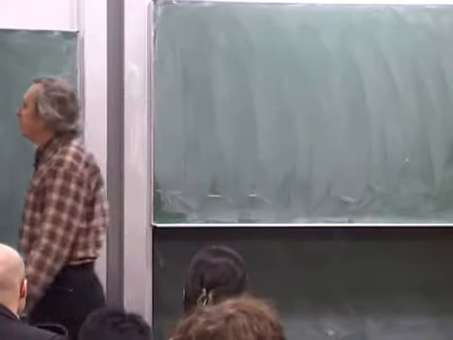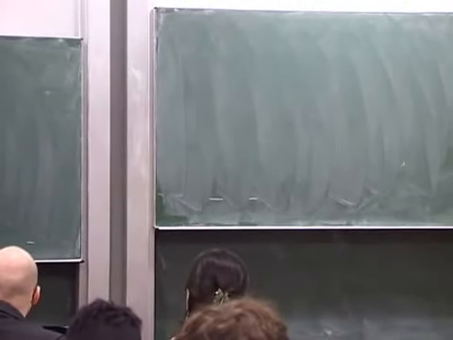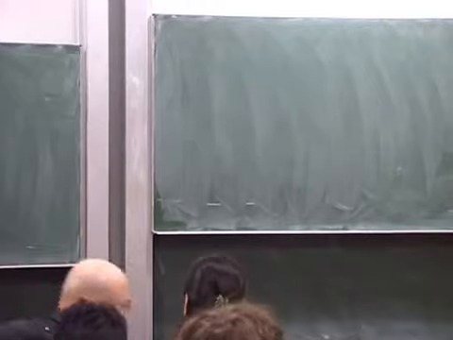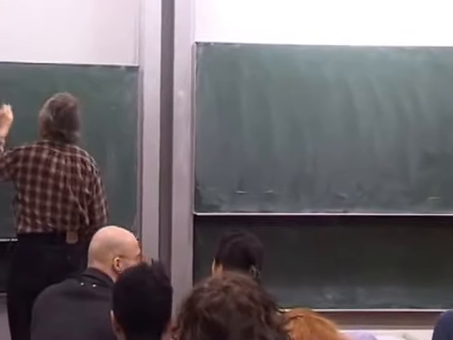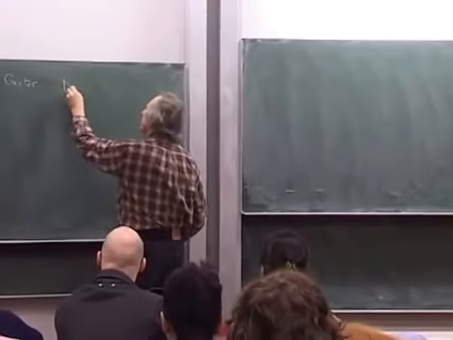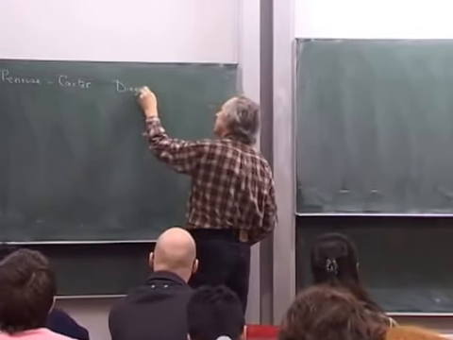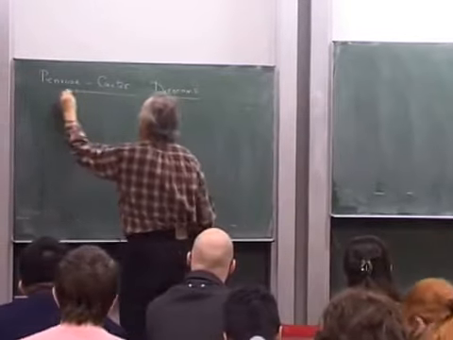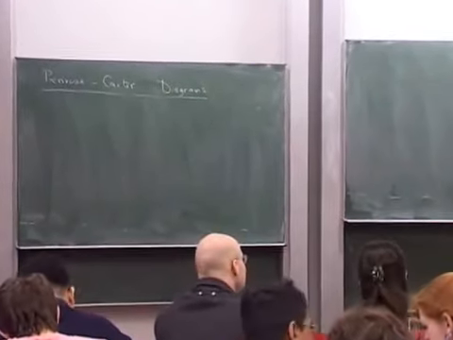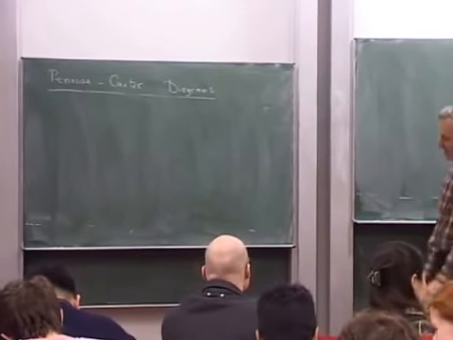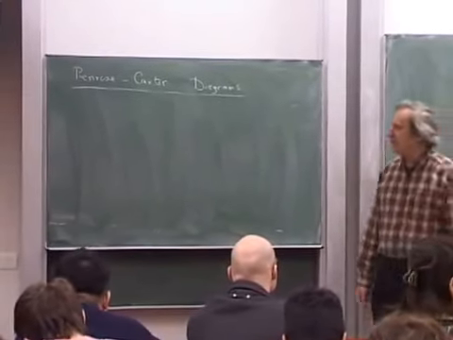So the root... actually, Penrose diagrams were first developed by Carter. I will call them Penrose-Carter diagrams. But there was a much better elaboration of the whole subject due to Penrose. So the starting point for this is the following very trivial observation.